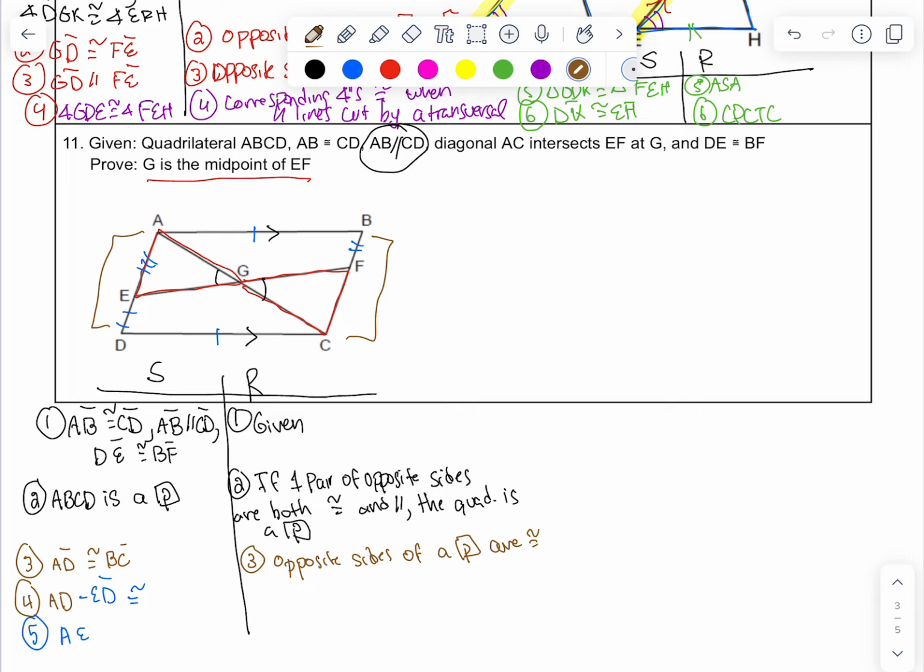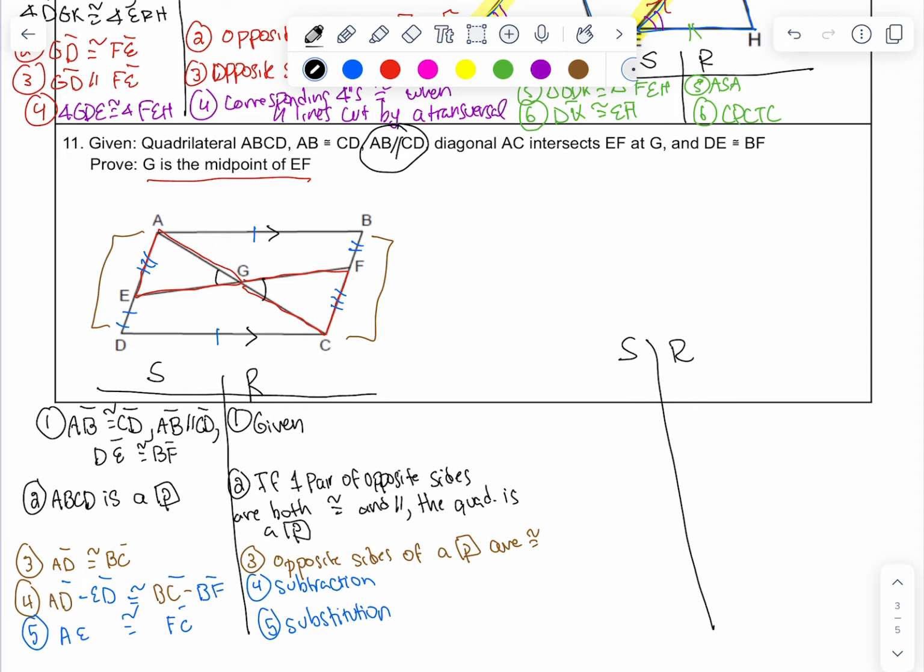And if I do the same thing on the other side and I take BC and I subtract off BF, I'll be left over with FC, which is a side of the right triangle. And now I'm almost there.